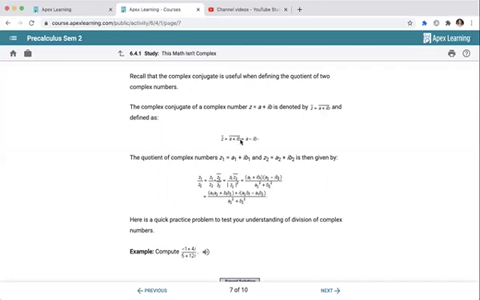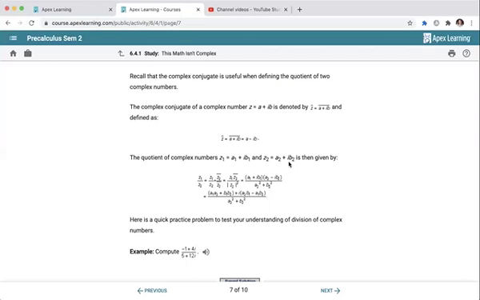The complex conjugate of that is a minus bi. So if you ever see it written like this with a bar over it, that's asking you for the complex conjugate of what's underneath it.